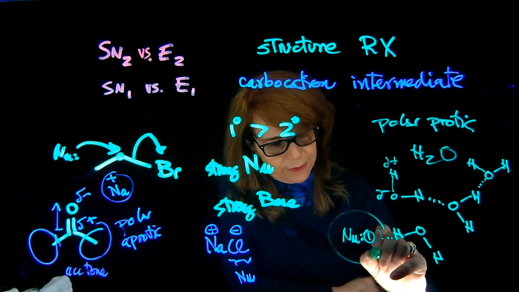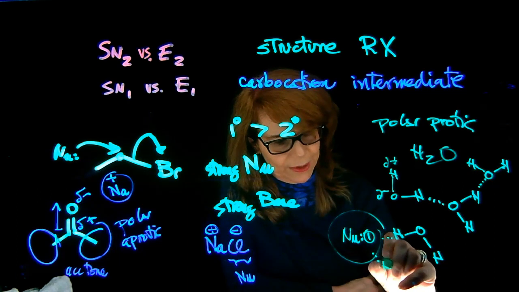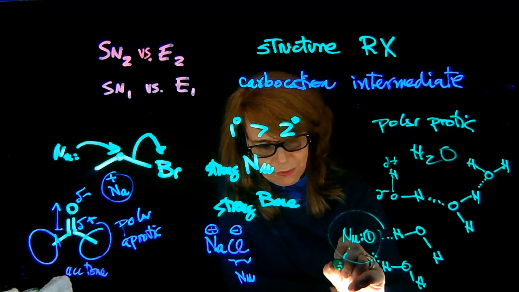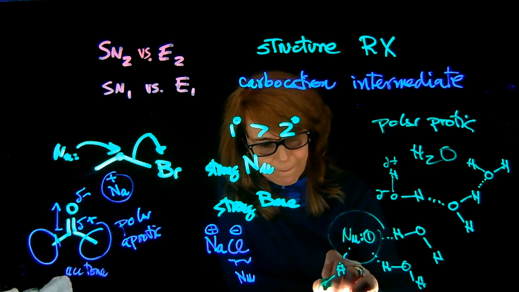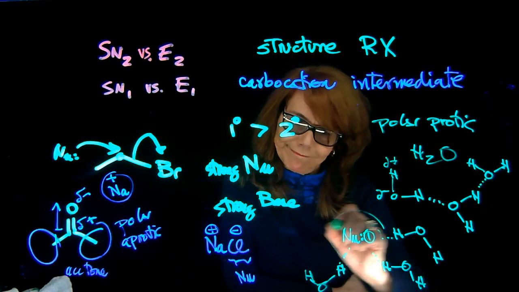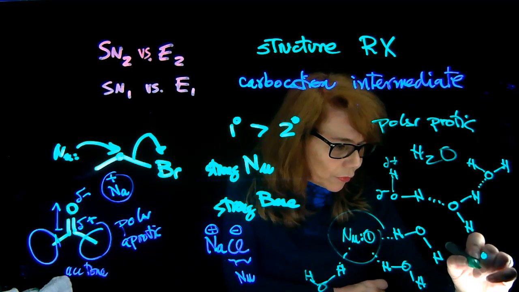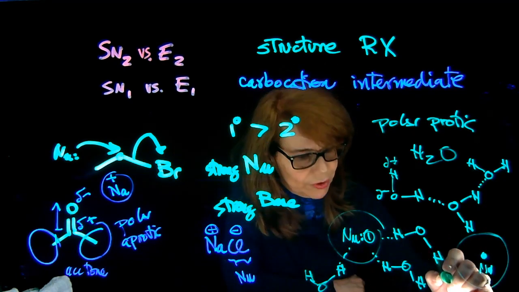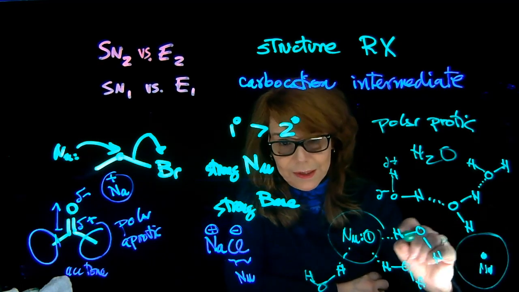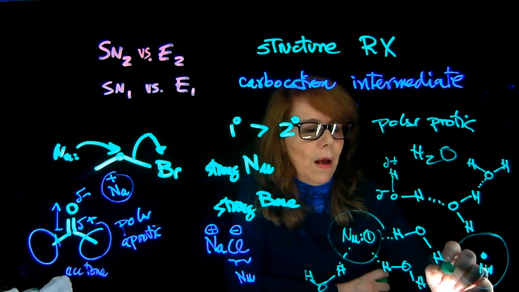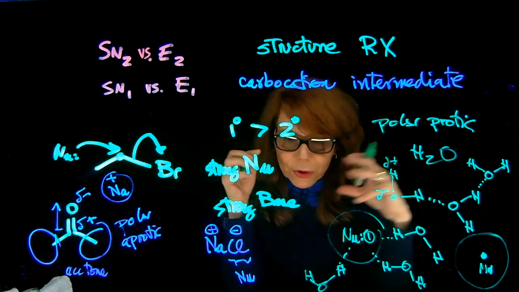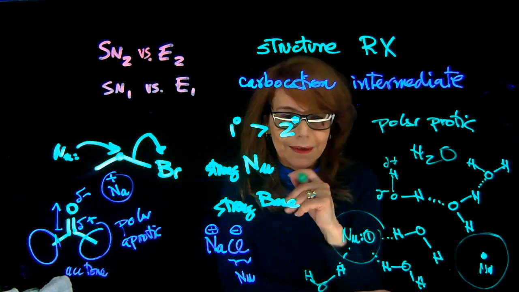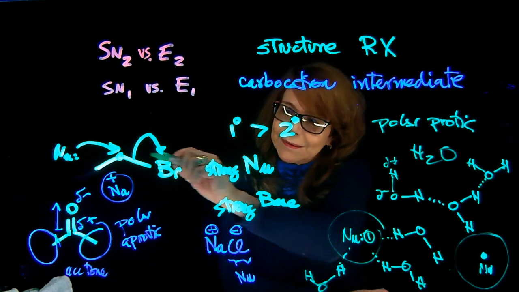We can have a solvation shell surrounding the nucleophile, meaning if this is your nucleophile, you have a sphere of solvation. In the case of water, we call that hydration, but it's like hiding that nucleophile inside of a bubble of water, so it's not as available to attack here.